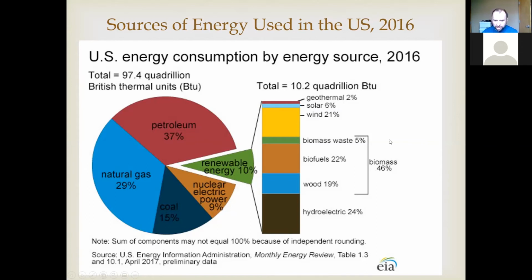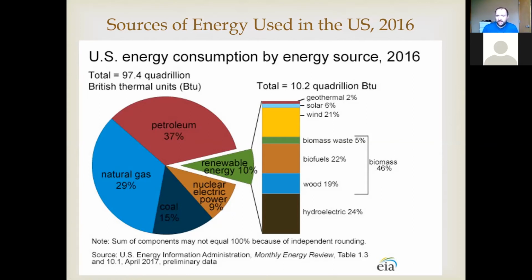And this chunk here is what we'd refer to as biomass, which is basically the waste from various farms or different things where we can use waste or garbage to produce fuels.